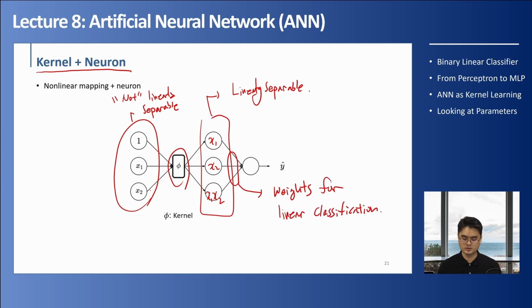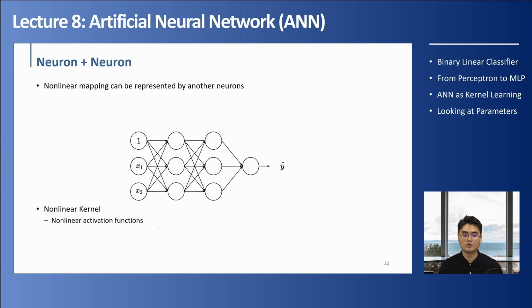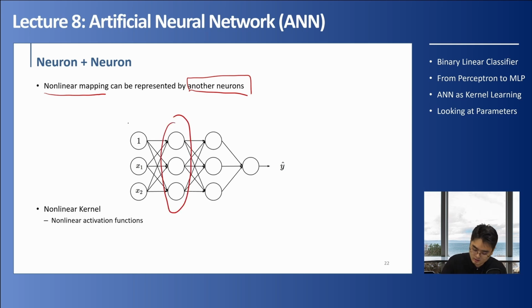And one good news is that this kernel, phi, we can also replace with other neurons, because this nonlinear mapping can be represented by other neurons. For example, if we add more layers between our input features and biases and the final features here, it could be a single layer, or it could be multiple layers.